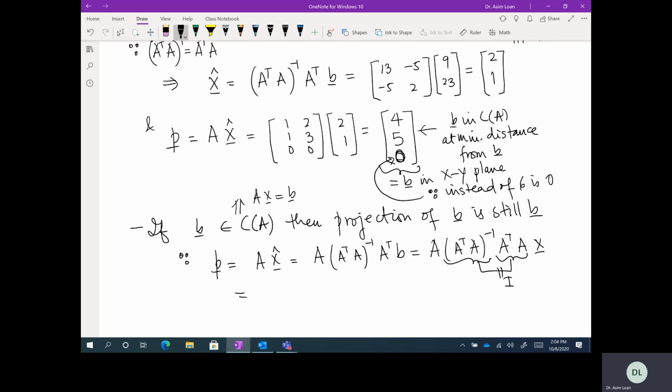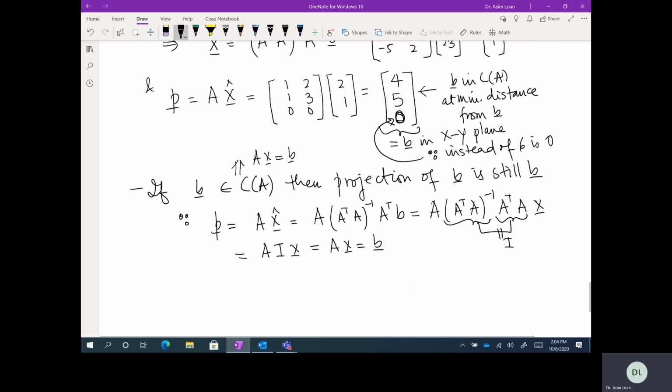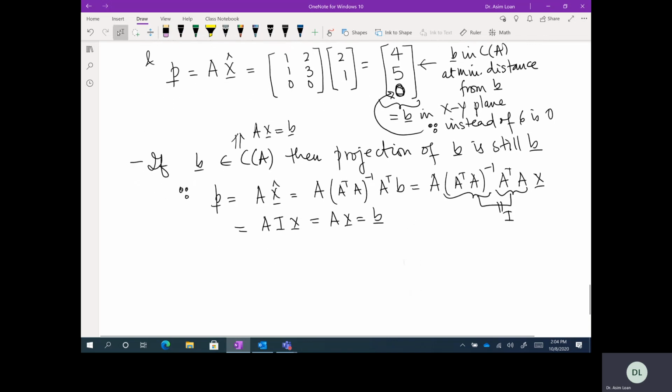So this is equal to A times identity times X, which is equal to A times X, which is equal to B. So if B belongs to the column space of A, then your projection of B is still B because it's already in the column space.